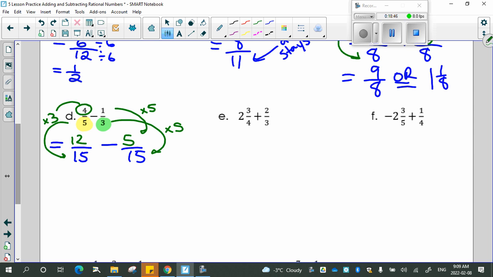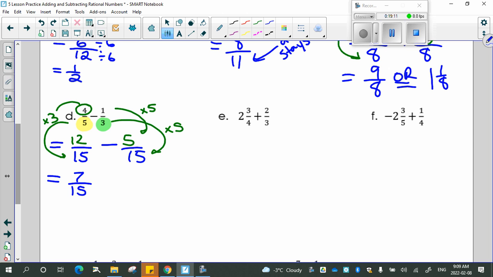Very good. So that should be your second step. 12 15ths minus 5 15ths. So if I've got 12 15ths and I take away 5 15ths, how many 15ths do I have? 7. And then I would check if that reduces. But 7 doesn't go into 15, and there's no smaller number that goes into both, so I'm done.